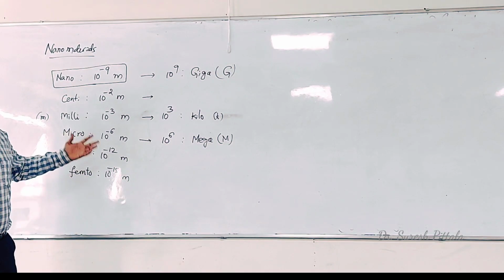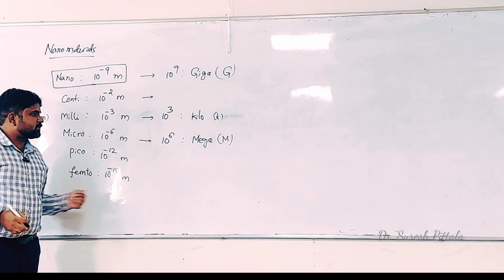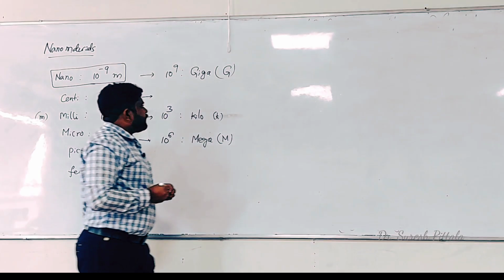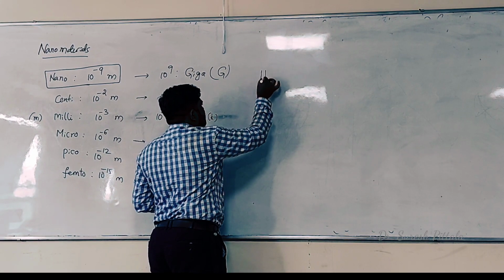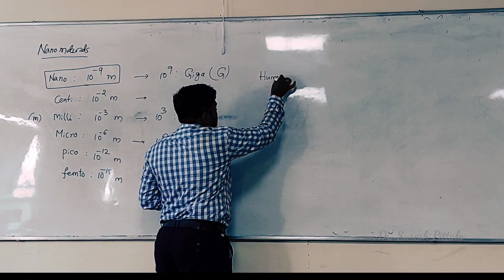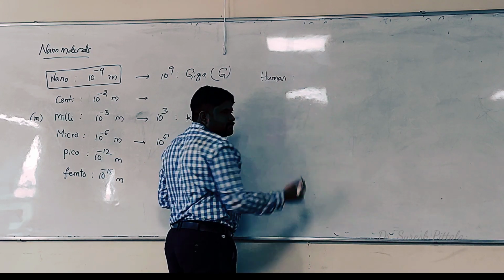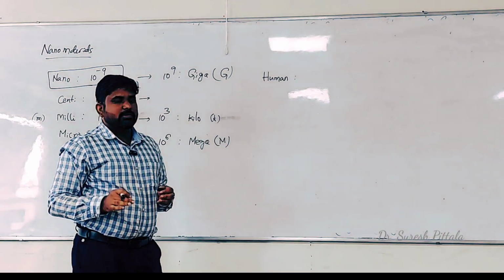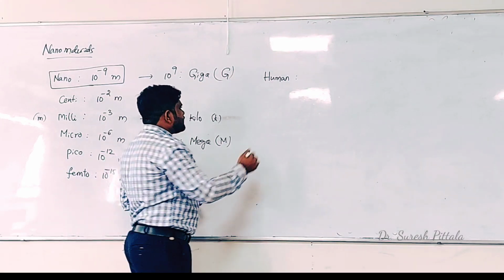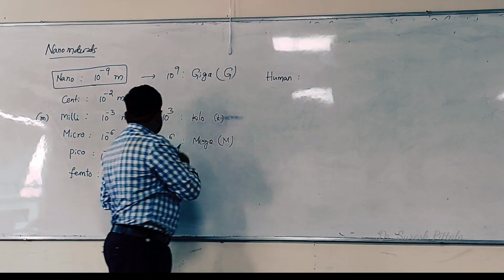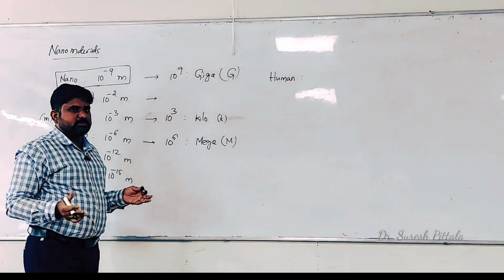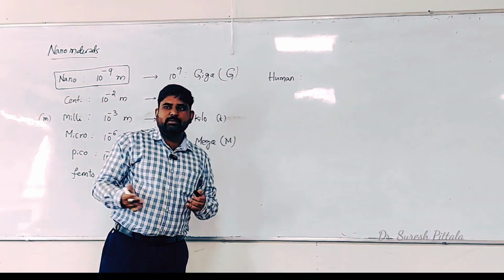You are talking about the length. So let us understand the length scales. Humans, or other creatures like dogs, are observable things with our eye. It is in the meters range: 1 meter, 2 meters, 10 meters.